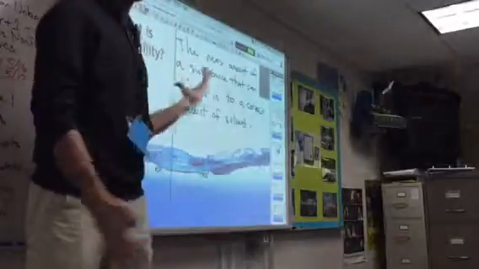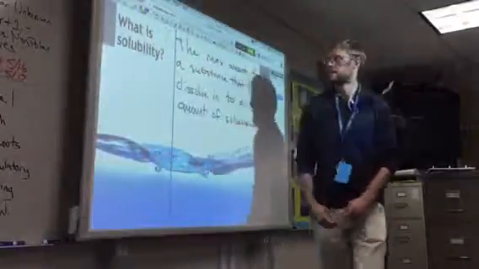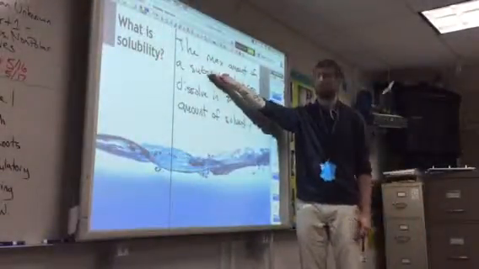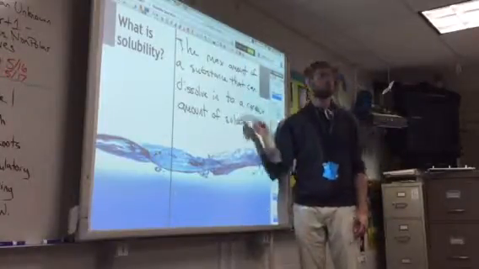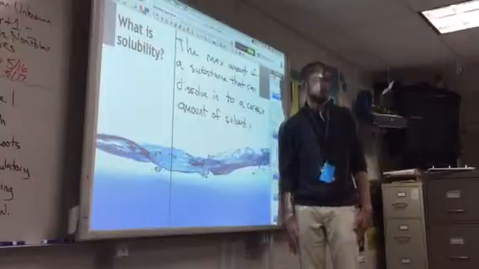So solubility is a property of substances, and it's going to be how much of that stuff can you dissolve into a certain amount of solvent. And it's going to be a unique property to each substance.